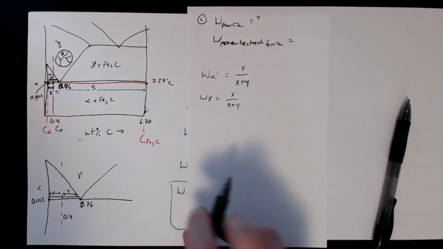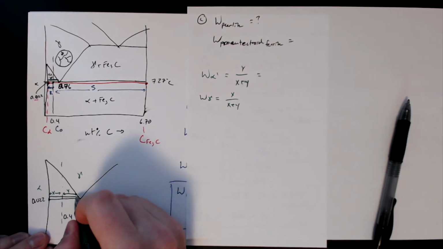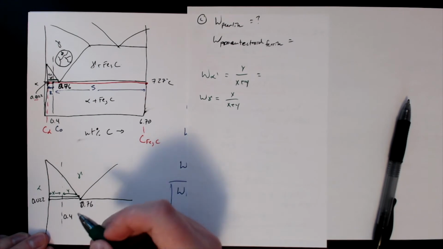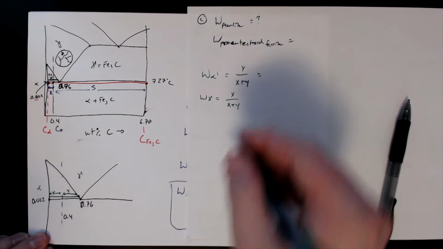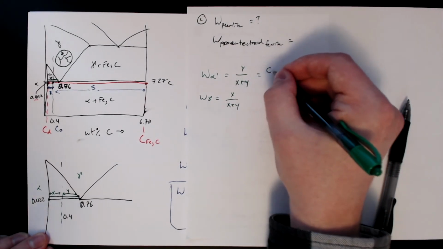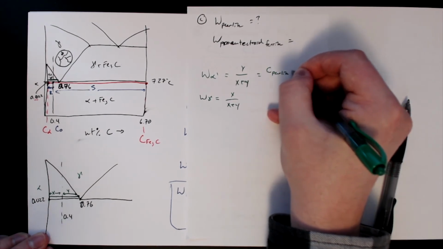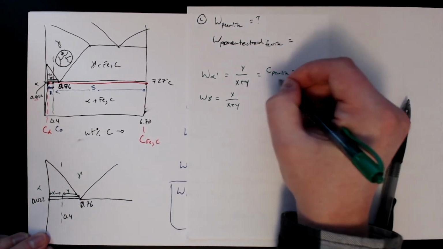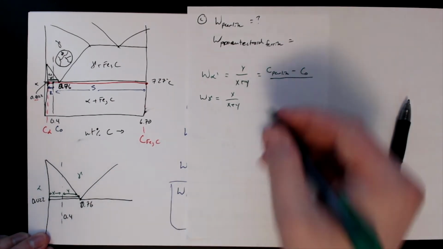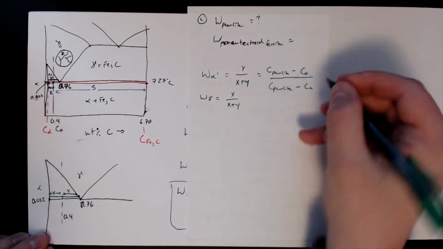And so if I put compositions to this, for Y, this is going to be the composition of the eutectoid, so I'll call that perlite, minus this alloy composition C naught, over the same perlite composition minus C alpha, which is over here, right?